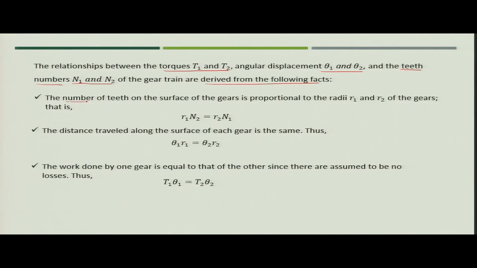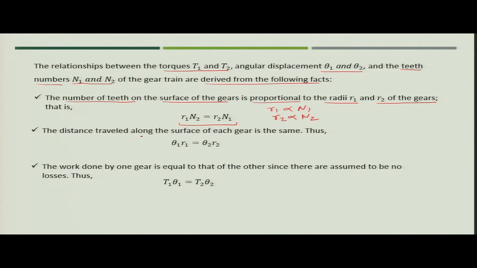First is that the number of teeth on the surface of the gears is proportional to the radius R1 and R2 of the gears. So, in that case we can define R1 N2 is equal to R2 N1, because R1 is proportional to N1 and R2 is proportional to N2. So, using this you can correlate that R1 N2 is equal to R2 N1.